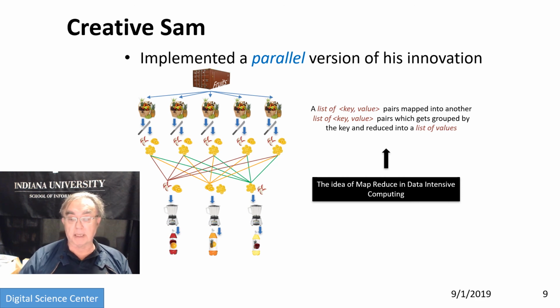And then you get at the end this bottled juice. So this is an illustration of how MapReduce works. Here you have the maps. You have the reductions as you join all the either pure juices or mixed juice in the particular ratios.